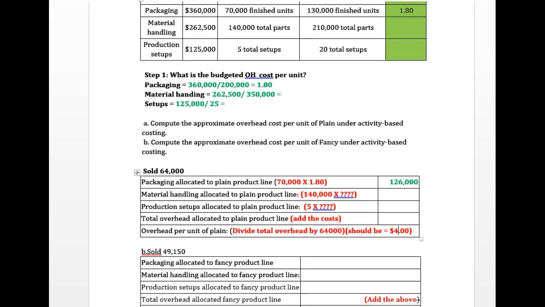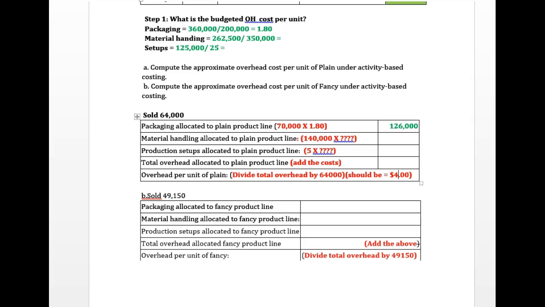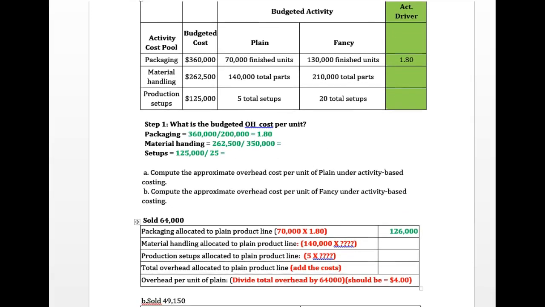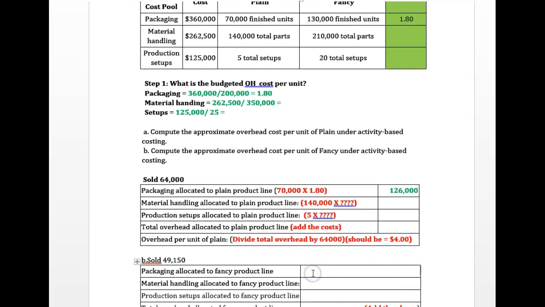You're going to do the very same thing for the fancy one, I think. Whatever the number was, 130,000 on this one, so it's going to be 130,000 times that $1.80 to be the packaging, and then it's going to be 210,000 units times whatever the driver is for material handling.